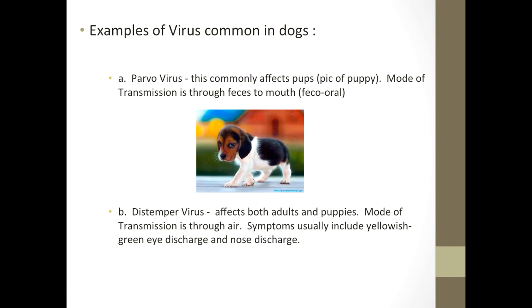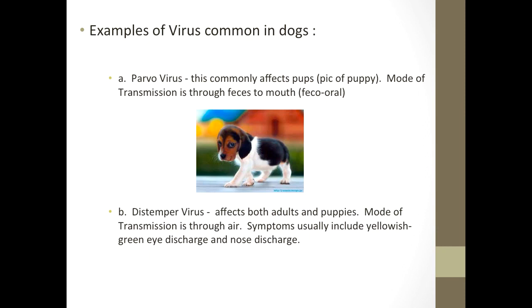Right now, another thing to remember with parvovirus is that it doesn't only infect puppies or dogs. It can also infect cats. And when it does infect cats, it's no longer called a parvo infection, although it is caused by parvovirus. It's more commonly known as a panleukopenia infection in cats.